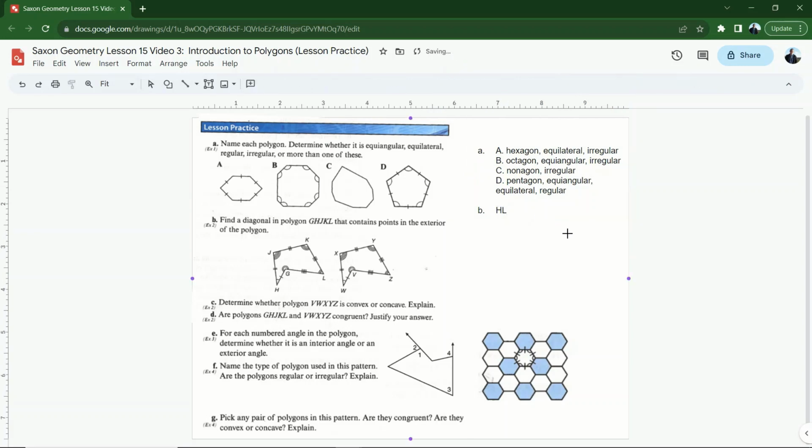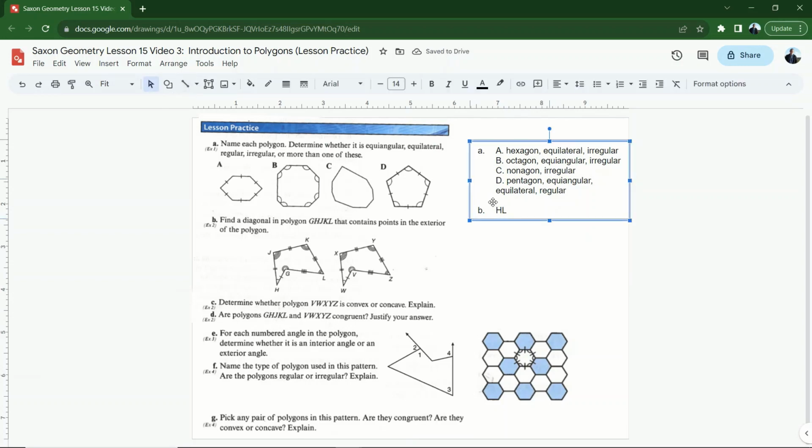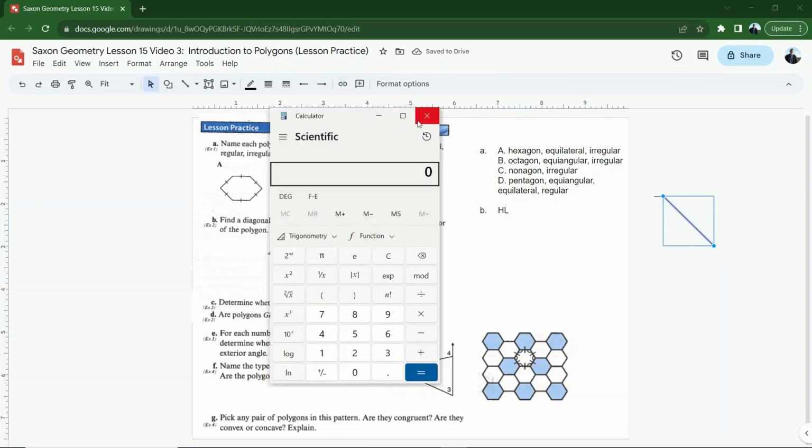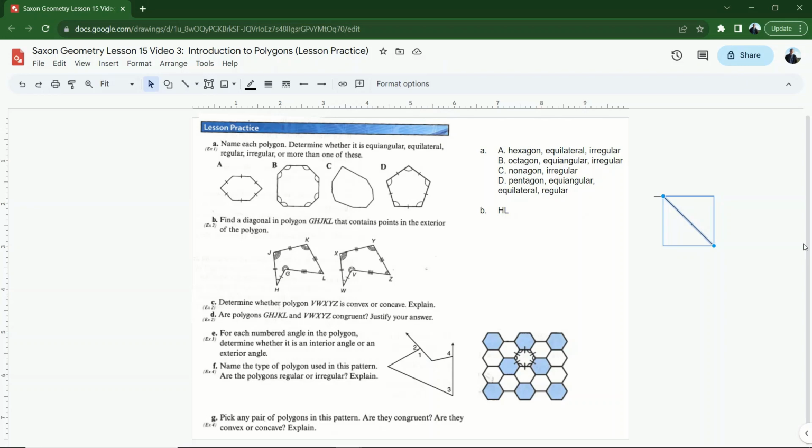Oh, look at that, nice straight line. Let's try again. One more time here. HL is a diagonal. Maybe if I just draw a line somewhere out here, I could just drag it in. There we go. What is going on today? Whoa, hey, I didn't ask for a calculator. Wow, lots happening. Okay, so I'm just going to drag this over the top of HL, and then we know that HL is a diagonal.